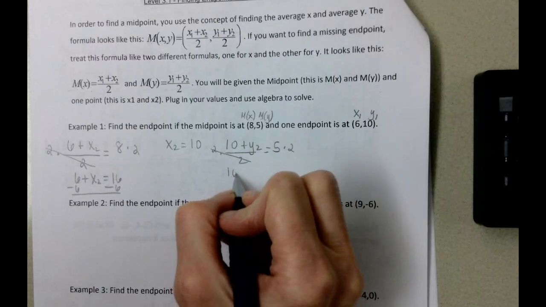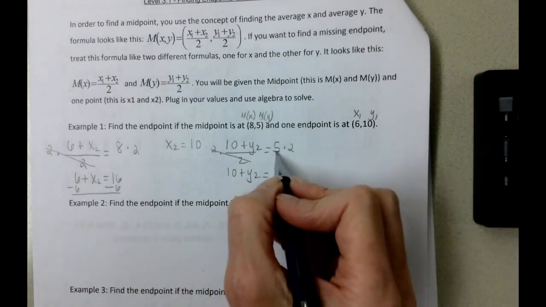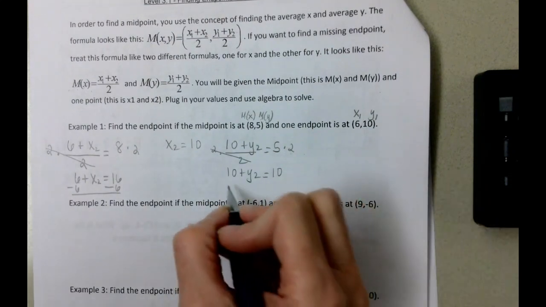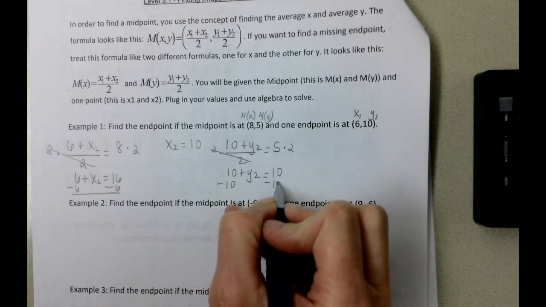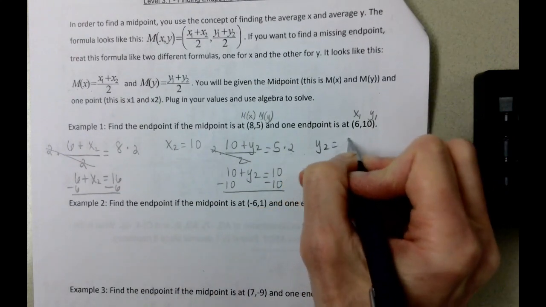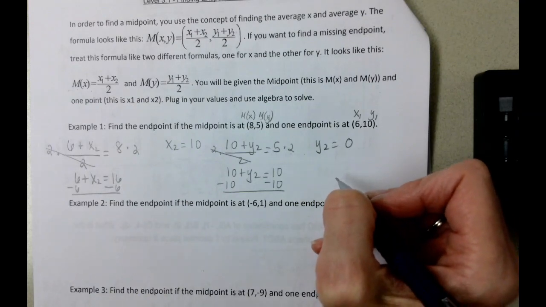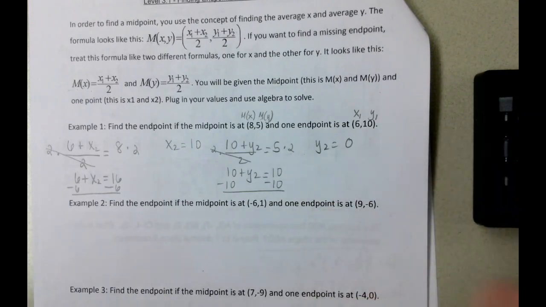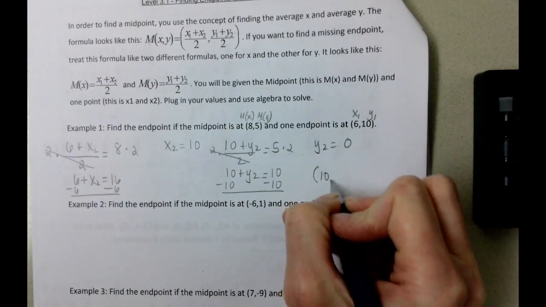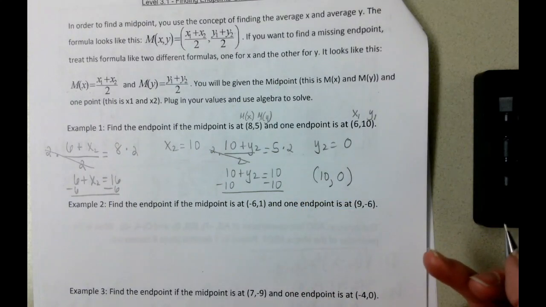So we get 10 plus y2 equals 5 times 2, which is 10. And then we subtract 10 from both sides, and we get y2 equals, in this case, 0. So if we want to find the endpoint, we lastly write this as an ordered pair, which is the x value of 10 and the y value of 0.